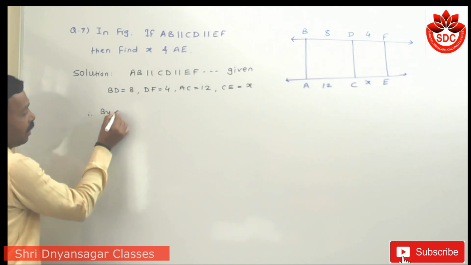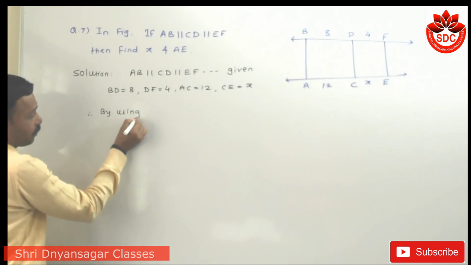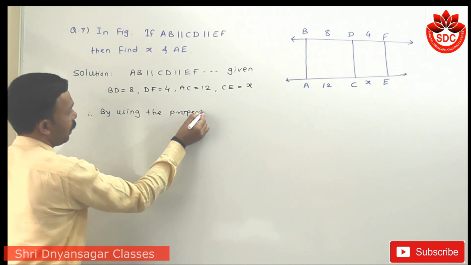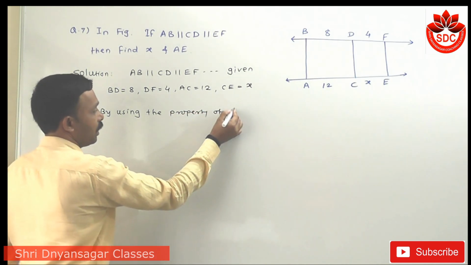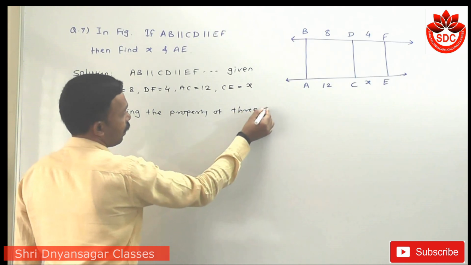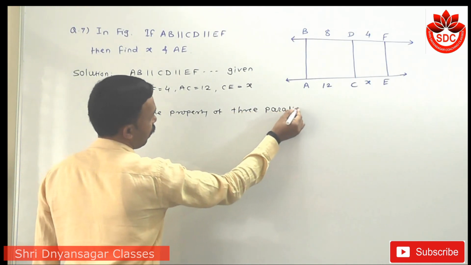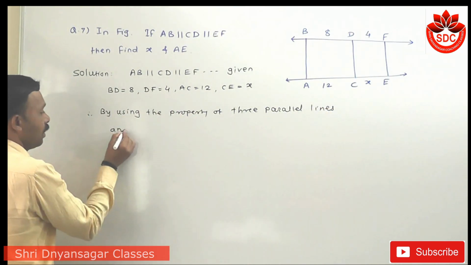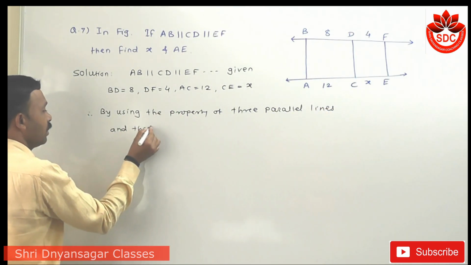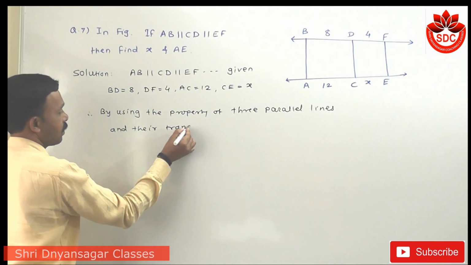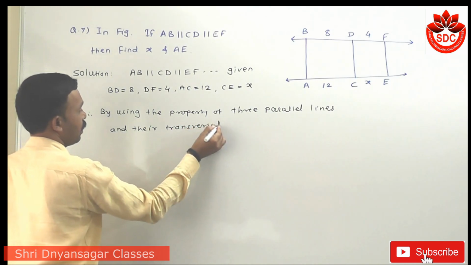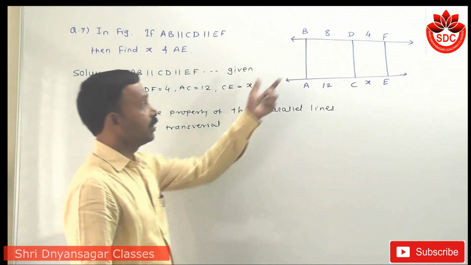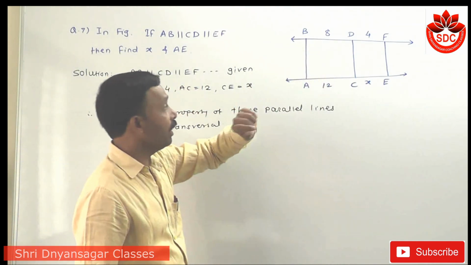Therefore, by using the property of three parallel lines and their transversal, we take any ratio starting from any one line.